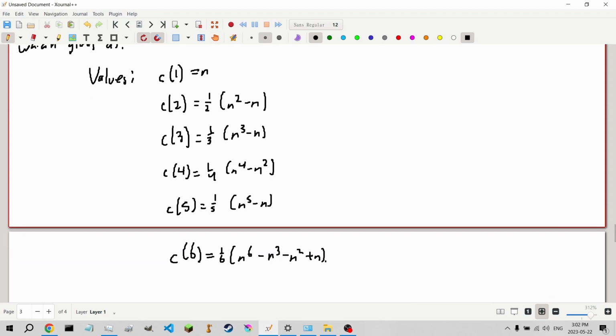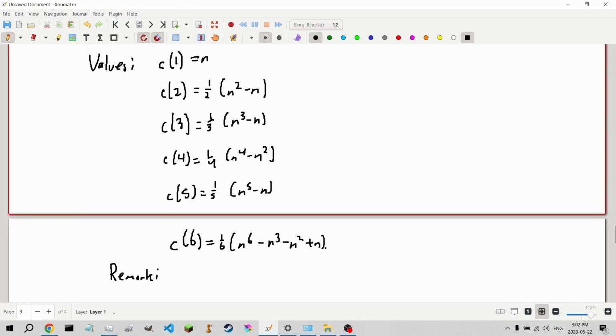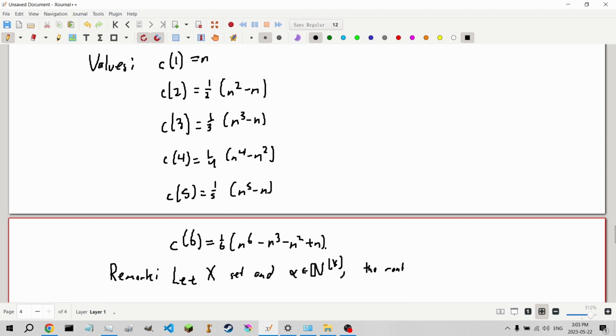And this comes with a remark. Let X be a set, and let alpha be in copies of naturals indexed by X. The rank of the free Lie module L alpha X is given by a formula up above.